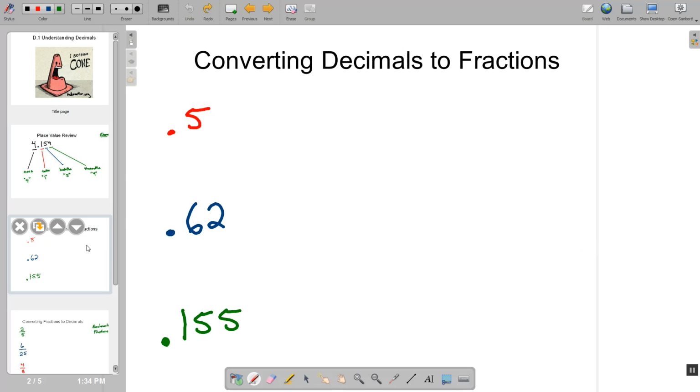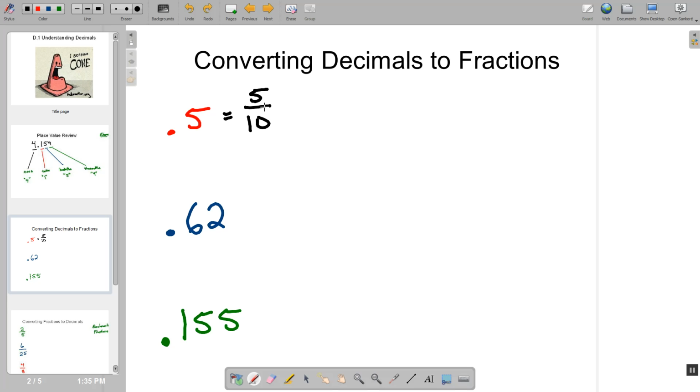So the first section is going to be talking about converting our decimals to our fractions. And if you use the names correctly, this process isn't actually that bad. When we look at this number right here, this is the number 5 tenths. So if we're converting that decimal, we simply follow the name and turn it into a fraction. So 5/10 as a fraction, these are the same thing.